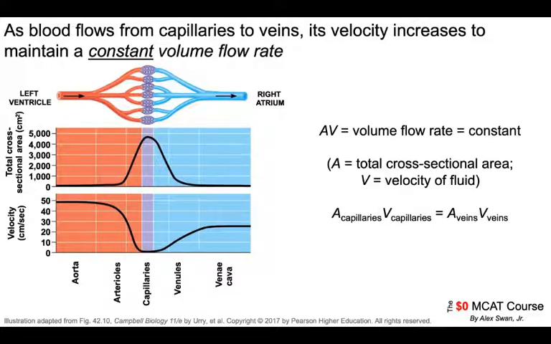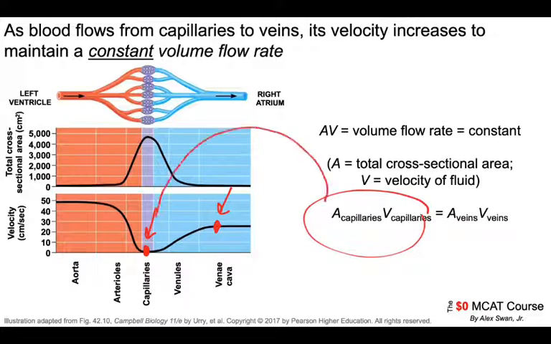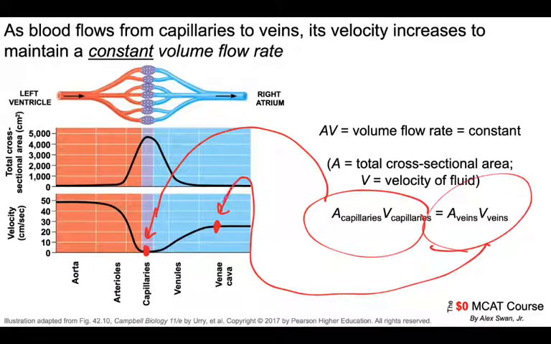And so let's just consider the relationship between the volume flow rate of blood that's here and blood that's here. This is going to describe the volume flow rate of blood that's in the capillaries, and this is going to describe the volume flow rate of blood that's in the systemic veins. What we know is that this volume flow rate must remain constant.